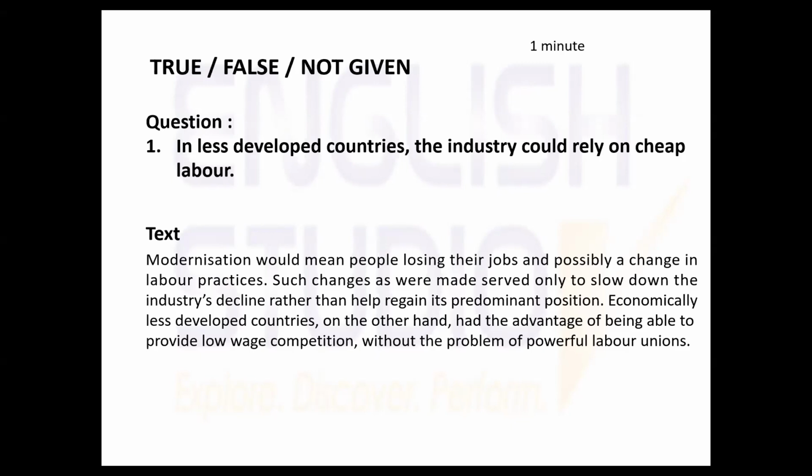After that, you read the first question. After you read the first question, you have to identify the keywords and then try to find the corresponding keywords or synonyms in the reading passage. Here, you have 1 minute to do this task. Your time starts now.